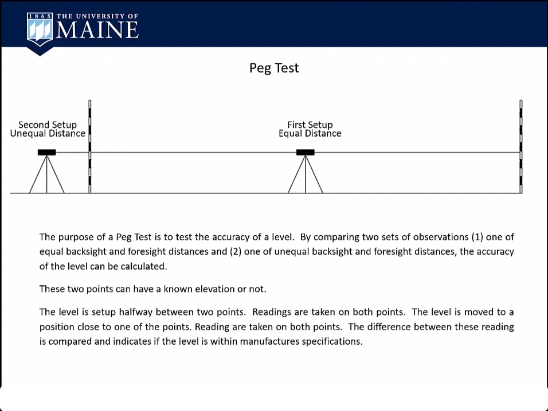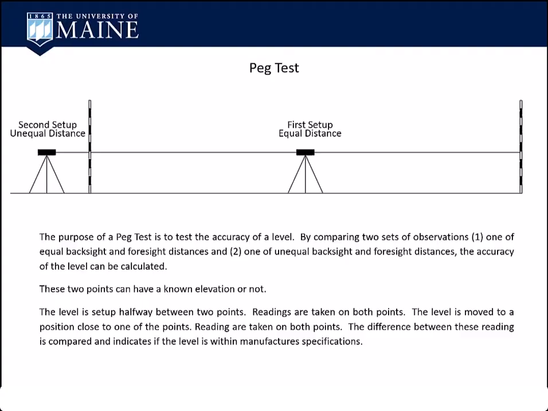It tests the accuracy, and what you do is you set up the instrument at equal distances and read both rods, A and B. Then you take the instrument and move it and unbalance the setup.